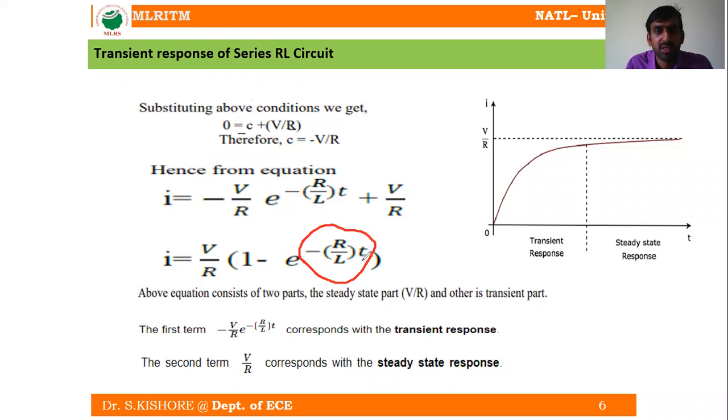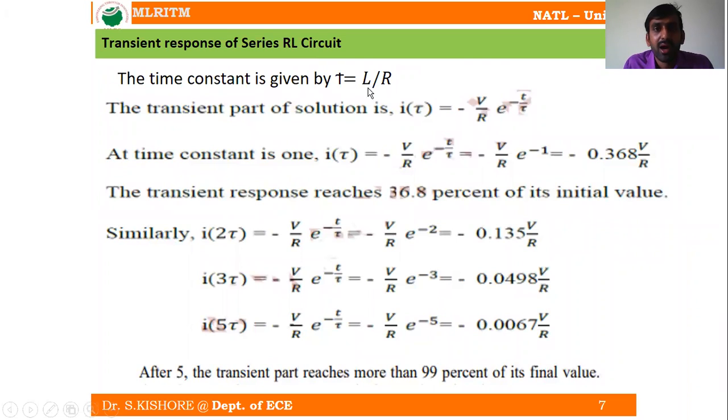Here tau is going to be equal to L by R, which is nothing but the time constant of a series LR circuit or RL circuit.